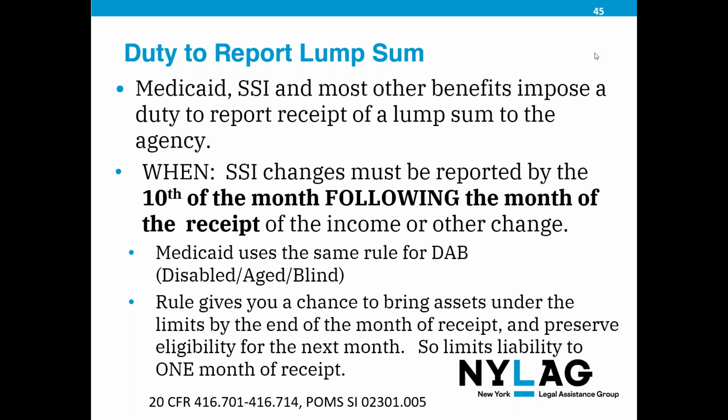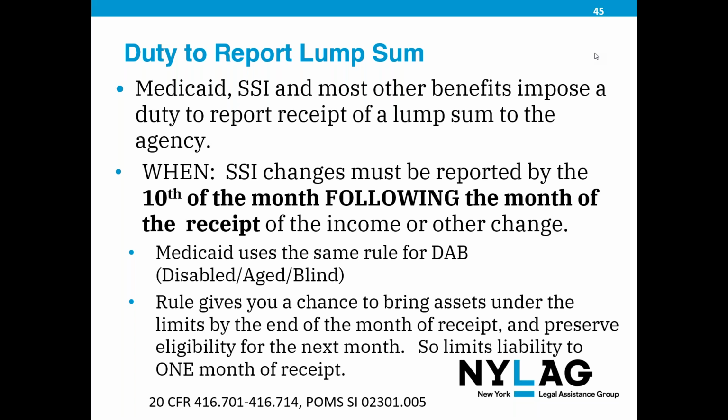It's actually a pretty good rule because if you received $10,000 now in November and you were required to report it in November, your SSI or your Medicaid would be cut off because this month you're not eligible because you have excess income.